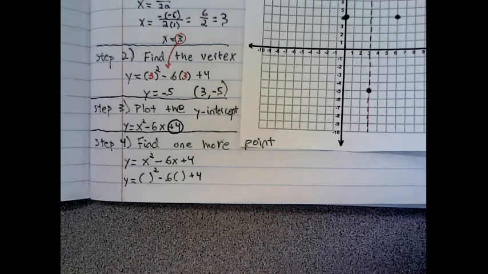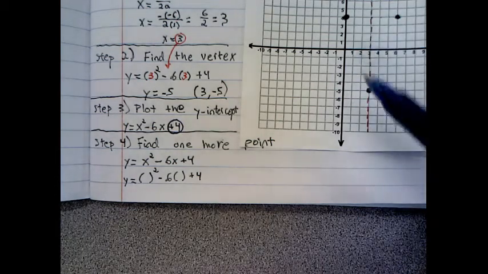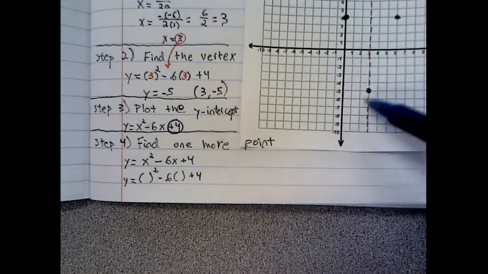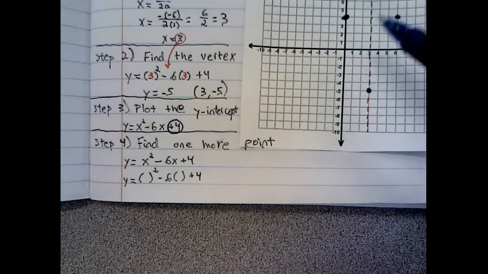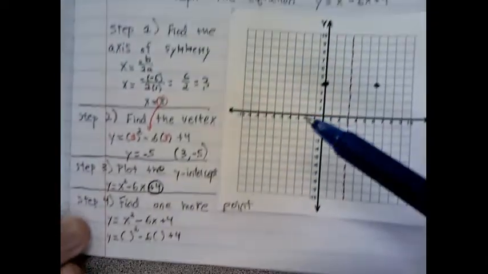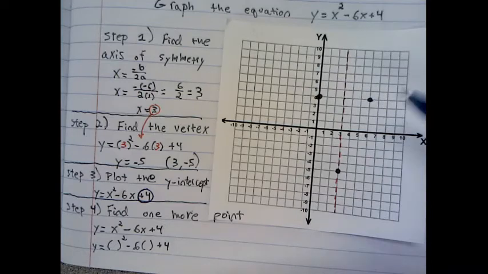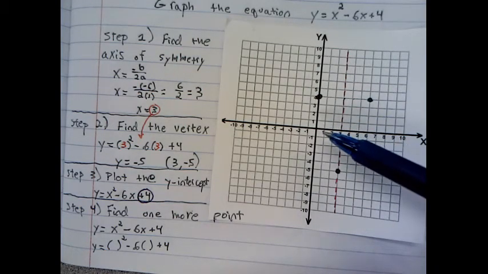My last step before I actually graph the line is to find one more point. We're going to use the equation y equals x squared minus 6x plus 4 and find any other point, because we want to see how this function curves, and right now we could really just make a V when I know it's supposed to be a U shape. When you find your next point, you should try to make it around here, or around here. So use like 1 for your x value. That's what I'm going to do.